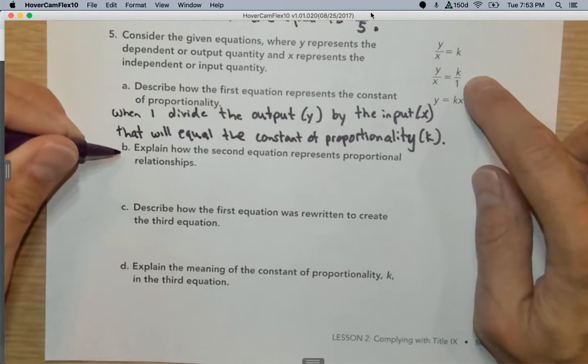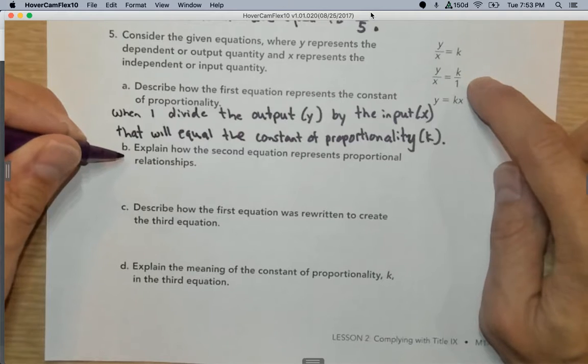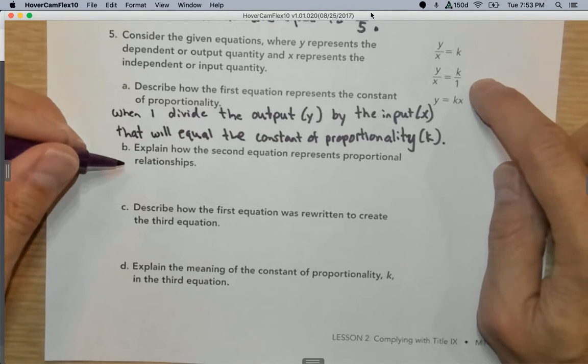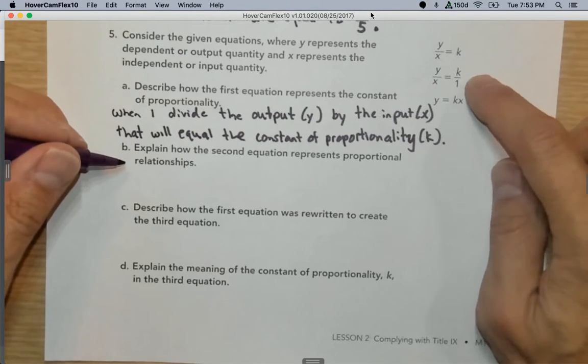So B, explain how the second equation represents proportional relationships. Okay.